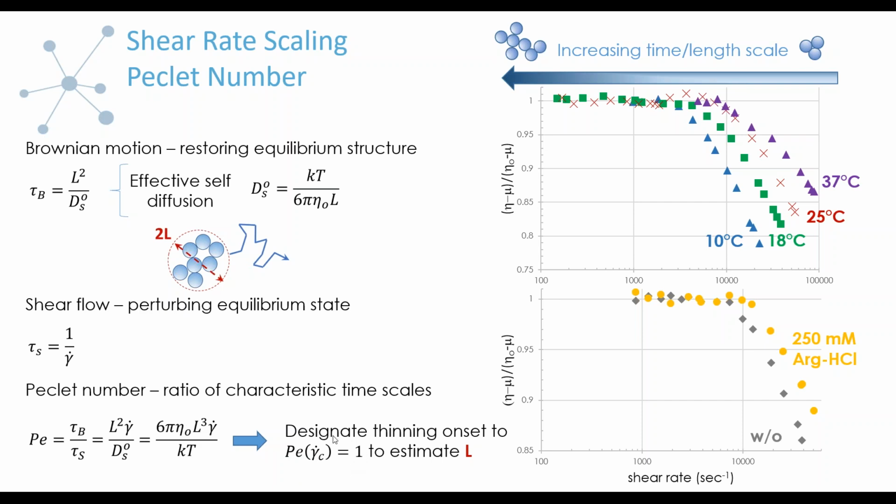And again, the rationale for this is that a Peclet number equal to 1 is where these two time scales basically equal each other out. And as we move past that, the shear flow is going to dominate, and we should expect to see the onset of shear thinning and non-Newtonian behavior. So that's what we're going to do.